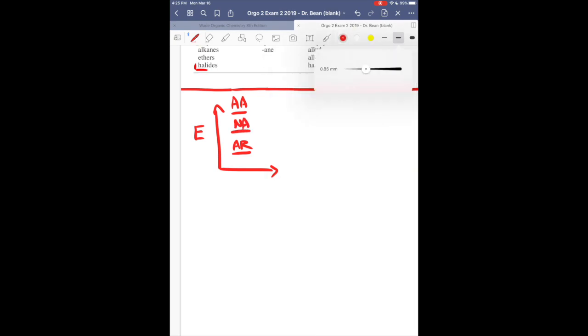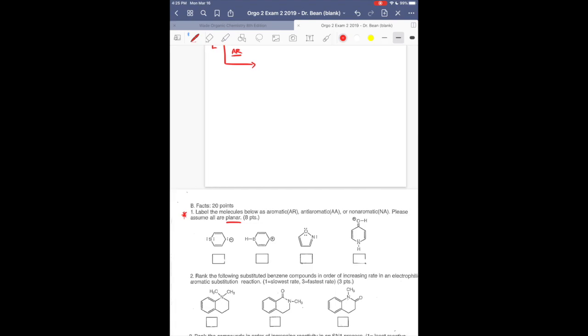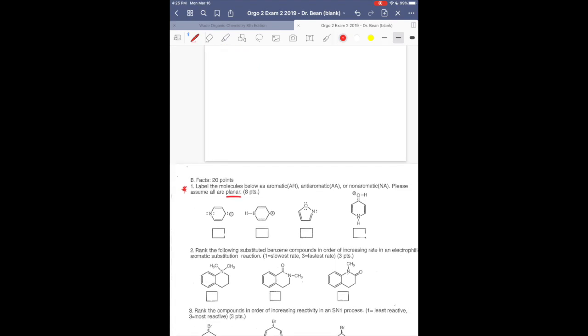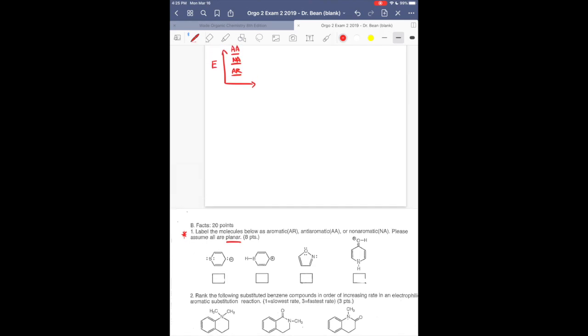So we'll denote that as NA. Okay. So that's in terms of energy. And what we're going to want to do when solving these questions here, like, let's look at the first one, for example. There's something called the Huckel's rule, and we'll go over that as well. So what you want to do is try to count the number of pi electrons in the system.